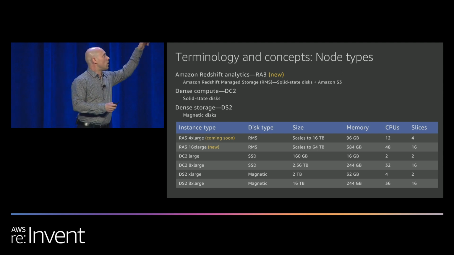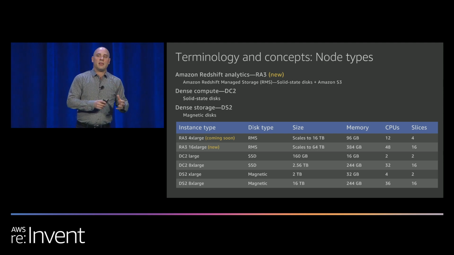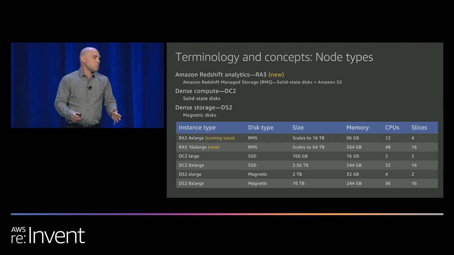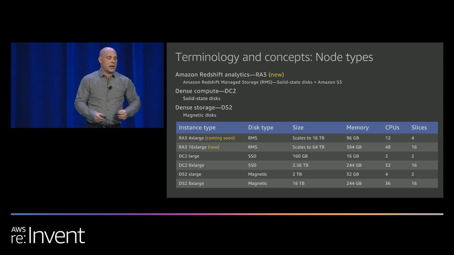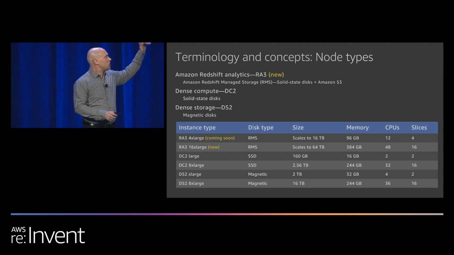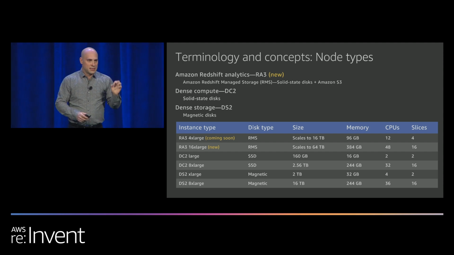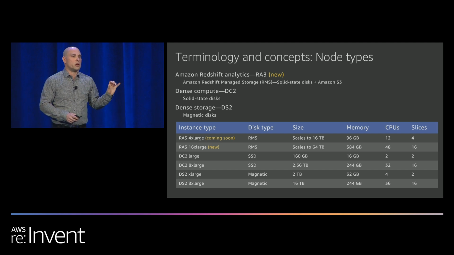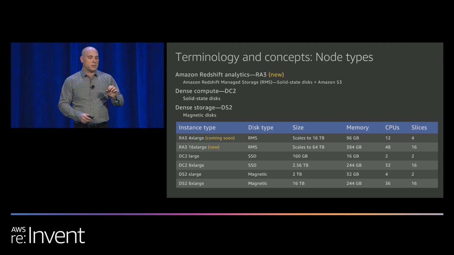We now have this new RA3 instance, and that changes things a bit, because now you can pick the number you want, save whatever data you need, and let Redshift scale that out automatically behind the scenes. We launched yesterday, and it is GA, the RA3 16XL. The RA3 4XL, which is a smaller version of it, will be coming sometime next year.